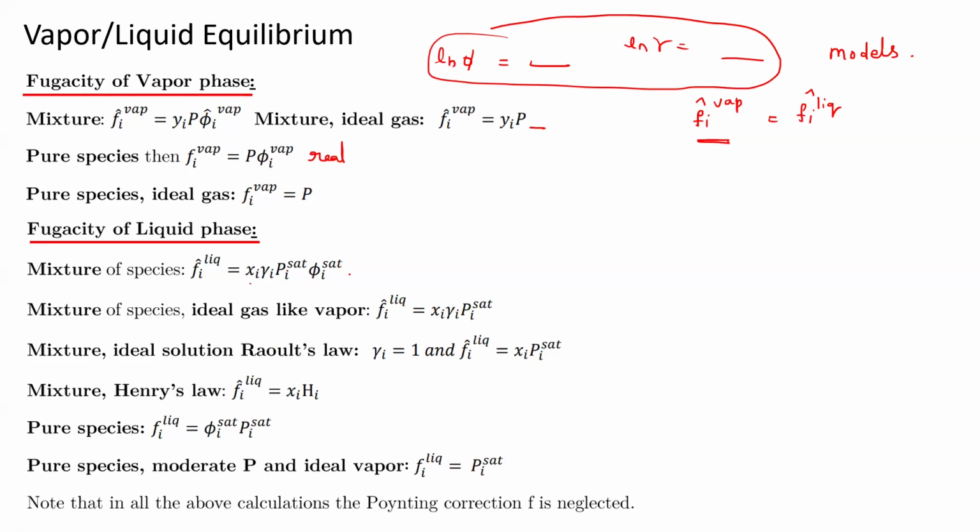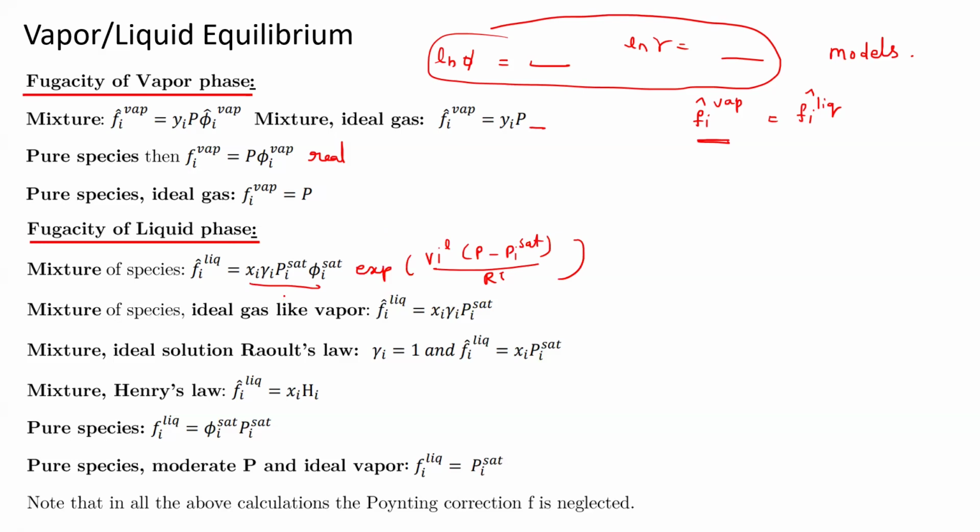But anyway, this exponential of Vi liquid into P minus Pi sat by RT is the Poynting correction factor, which has been neglected here, equal to 1. Now coming to the ideal gas-like behavior.